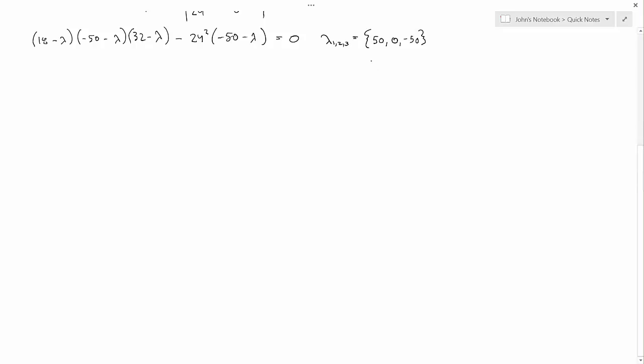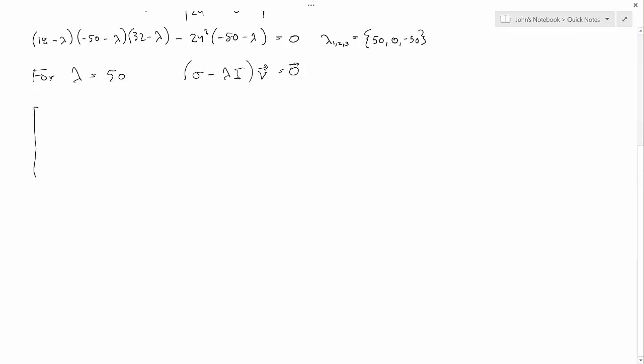Okay. So for lambda equal to 50, we want to solve the equation sigma minus lambda I times v equals the 0 vector. Okay, we're going to solve that for v. So we're going to plug in 50 for lambda.